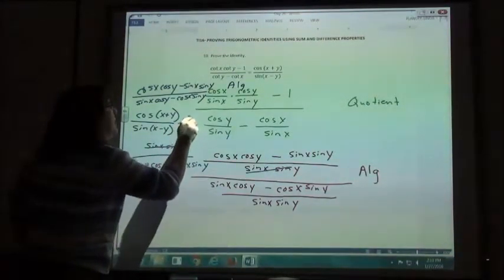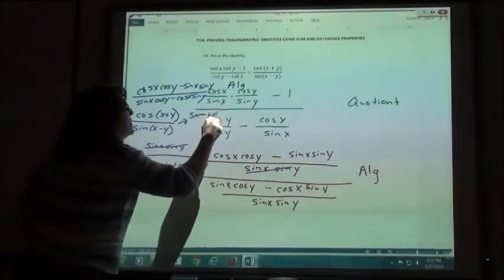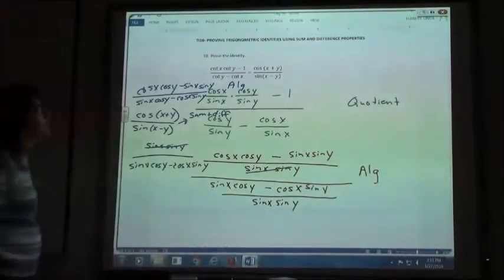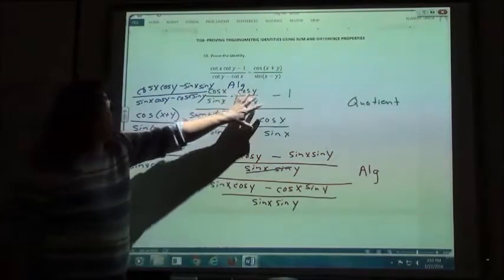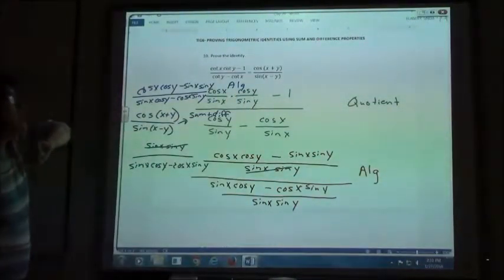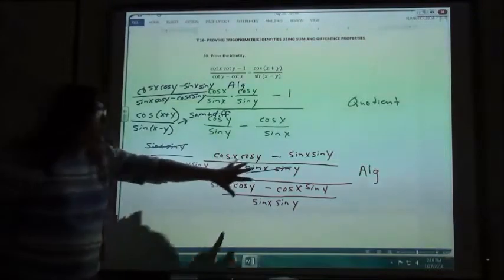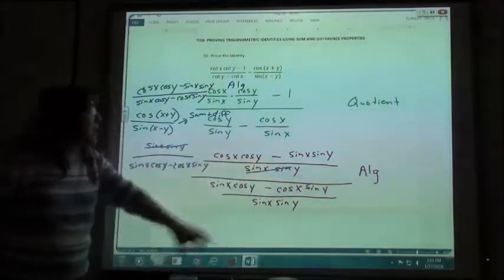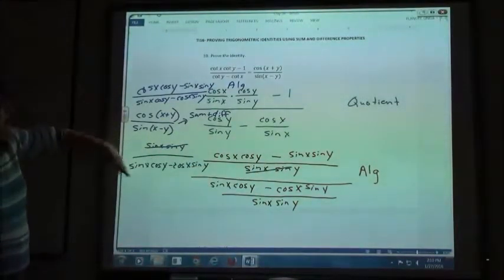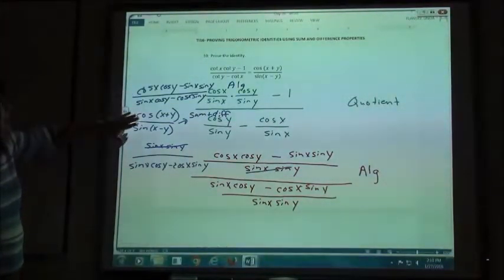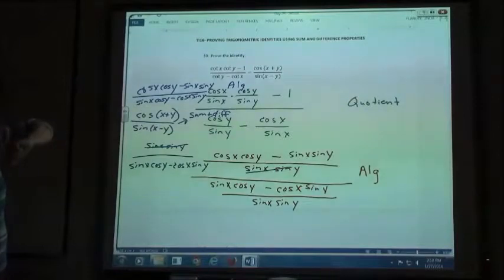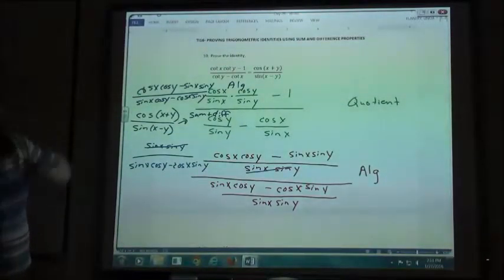And that is using the sum and difference identities. So I should have 4 steps to that problem. First of all, replacing your cotangent using your quotient identities, doing algebra to find your common denominator, doing algebra again when you multiply by the reciprocal to get rid of those, and then replacing with the sum and difference identities, and now you have it solved.